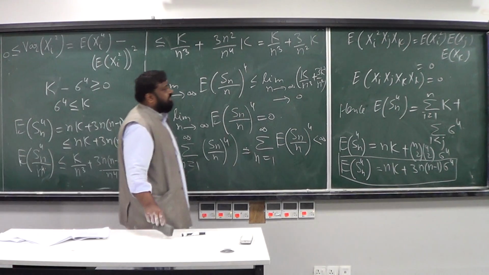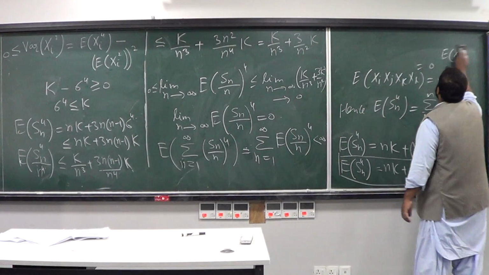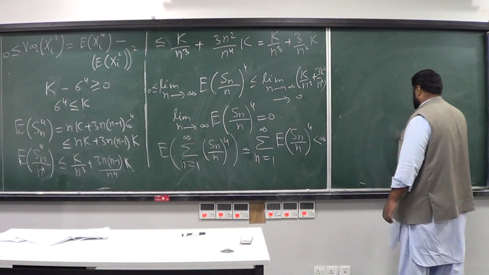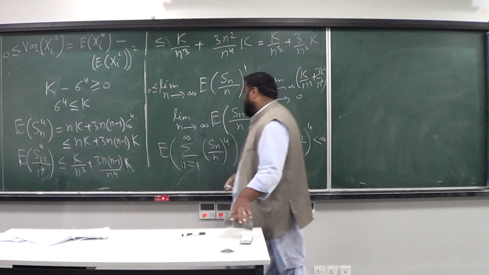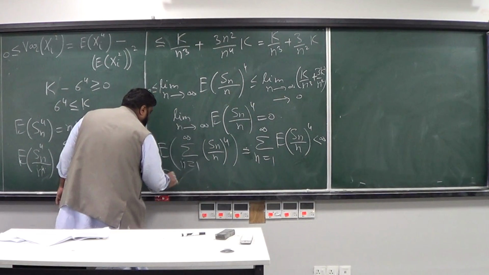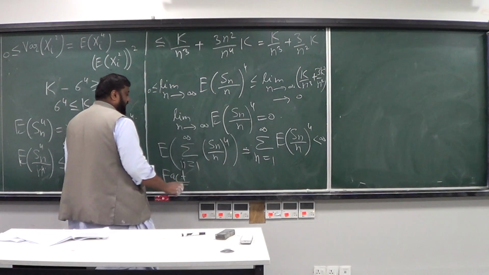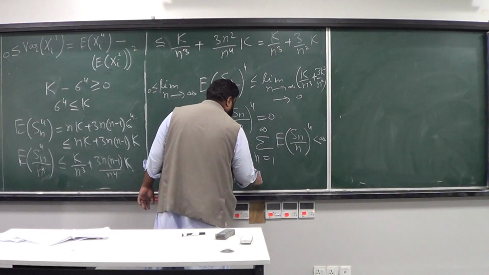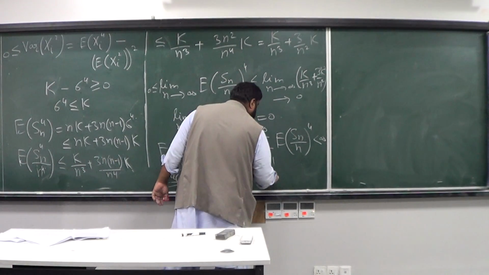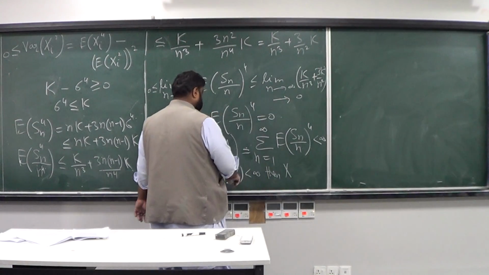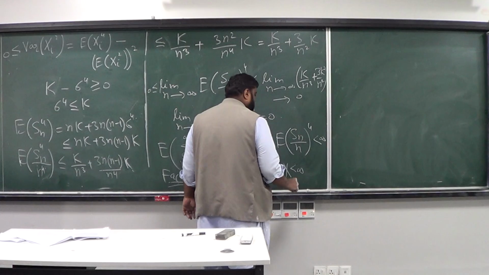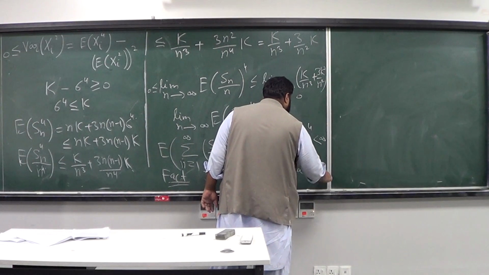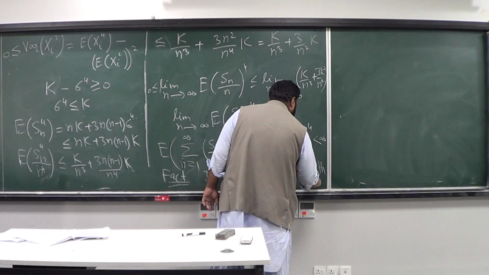We quote a result which goes like this. I'm now going to use a fact: if the expectation of x is finite, then x is finite with probability 1.